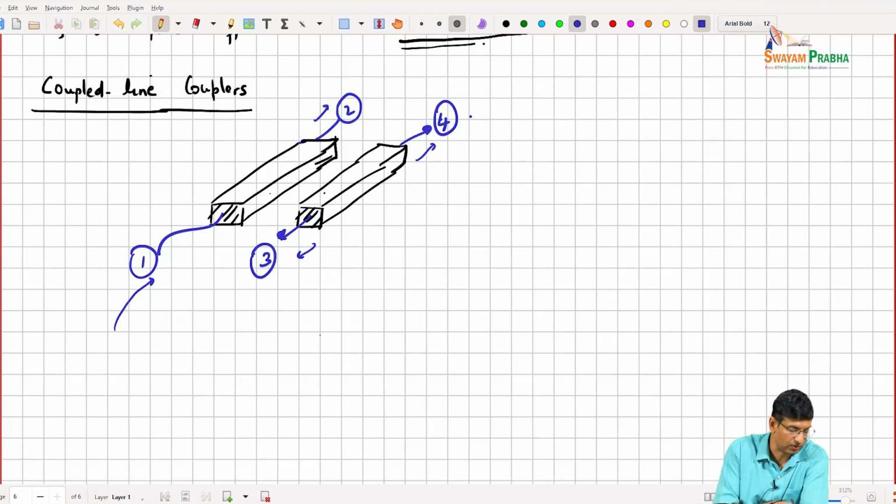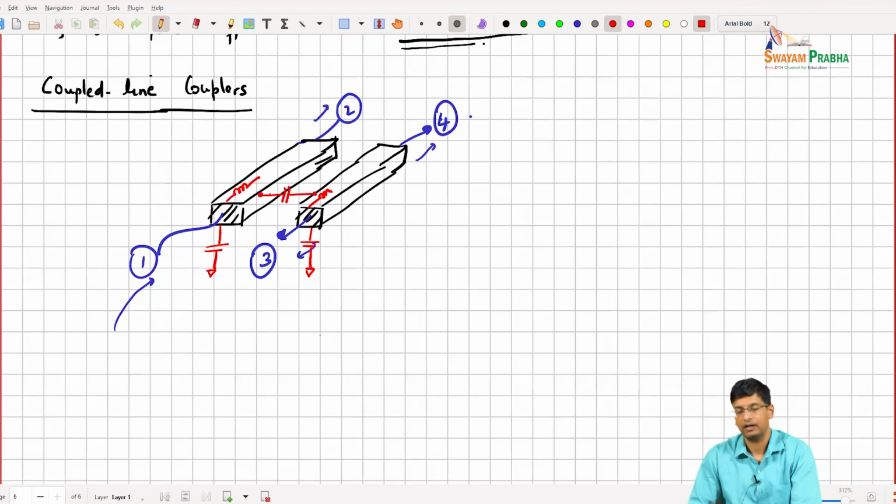So if I were to think about these lines, there is some inductance, right? There is some capacitance that is to ground. There is some capacitance between each other, right?